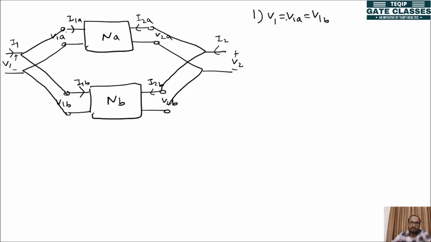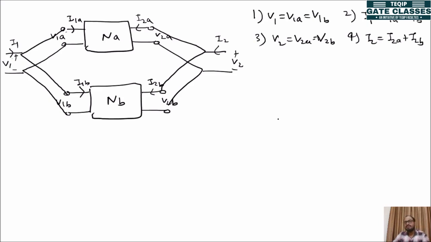Second, I1 is dividing into I1A and I1B, so I1 is equal to I1A plus I1B. Third condition is V2 is equal to V2A is equal to V2B. And fourth one is I2 is equal to I2A plus I2B.